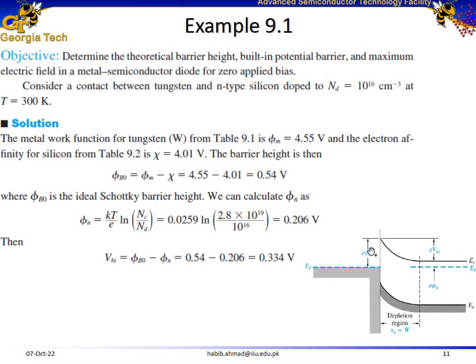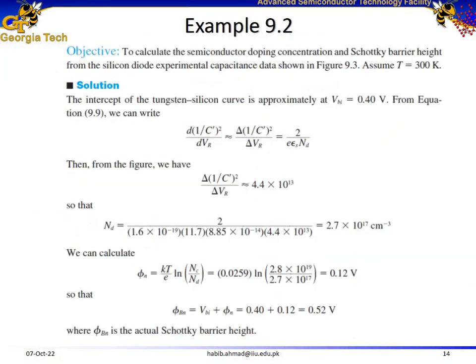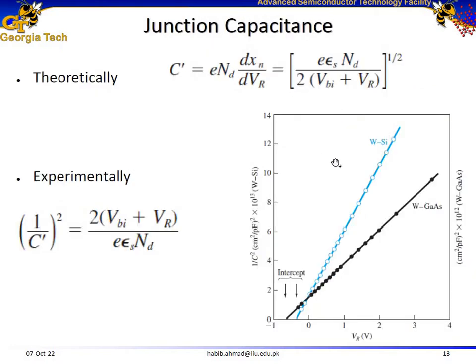But another way is that this Schottky barrier height is also equal to the built-in potential plus phi n, where phi n is the difference between conduction band energy and the Fermi energy level. So we use the second approach to calculate phi bn, or the Schottky barrier height. VBI is already given, and VBI can also be determined from the intercept of this line. The intercept of this line is somewhere close to minus 0.4 volts.